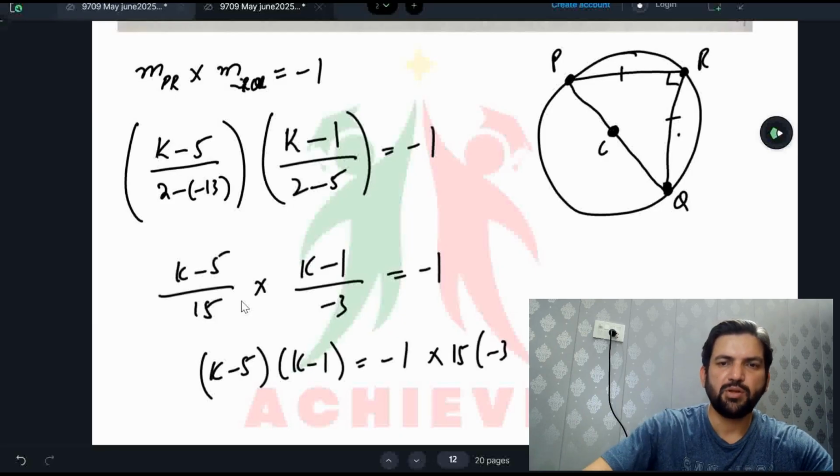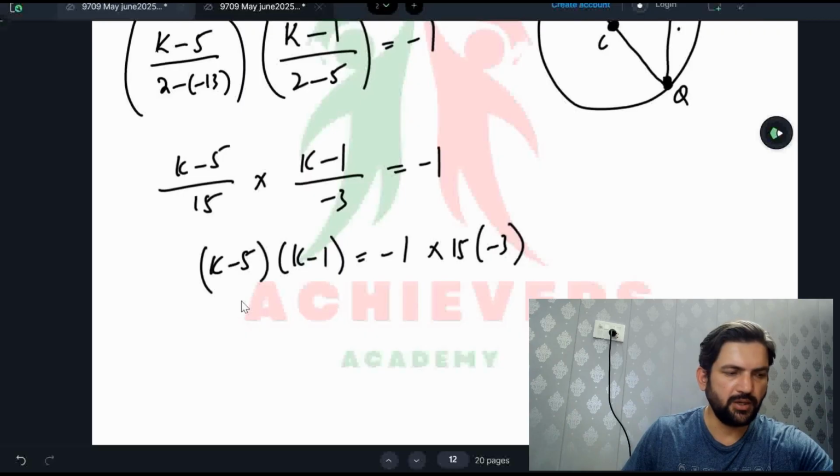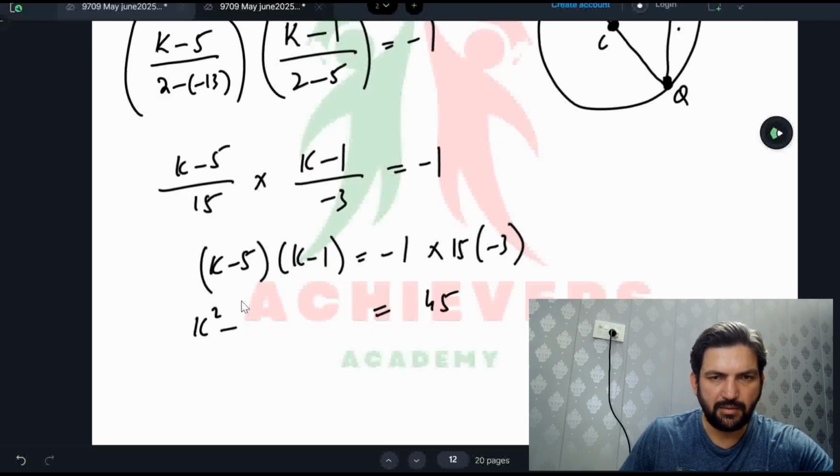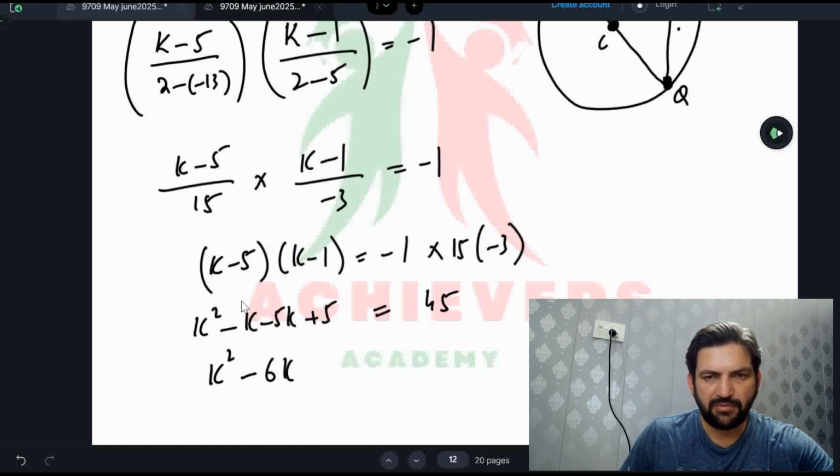So 45, this should be 45, and here this will be K square minus K minus 5K plus 5. So this will be K square minus 6K plus 5 minus 45 is equal to 0. So K square minus 6K minus 40 is equal to 0.